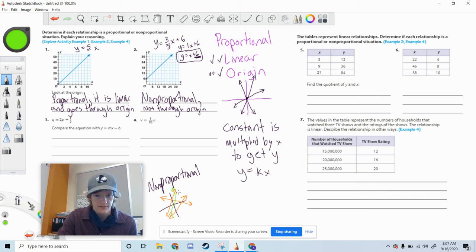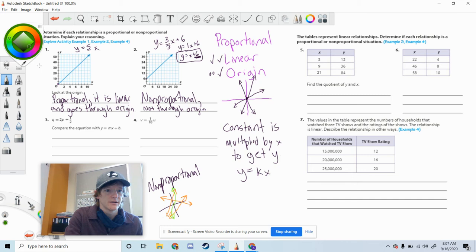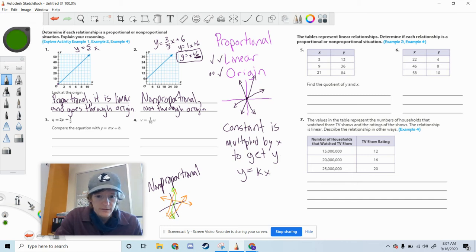So I'll throw that on there too. I hope that you can see that. I'll do that a little bit darker. So it's possible that they do go through the origin, but they're curved. That's also non-proportional. So there's no origin or not linear, or neither one of those is true.